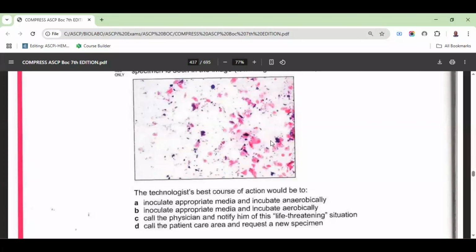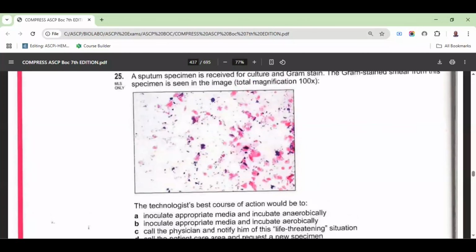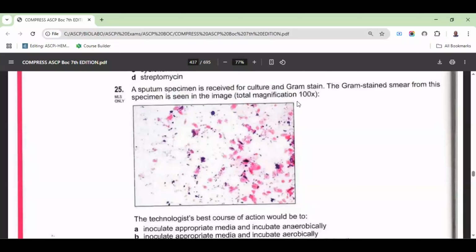It's 100, but please can you scroll on the options so we can view them? This is not 100, isn't it? They said it's 100.